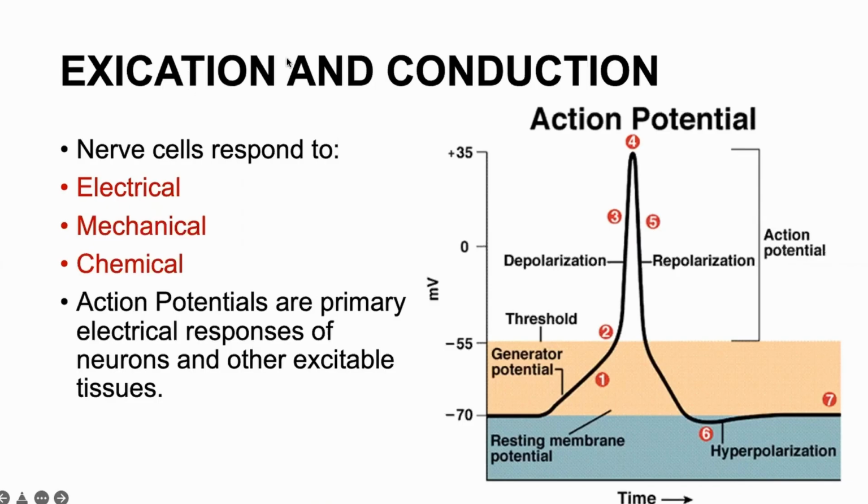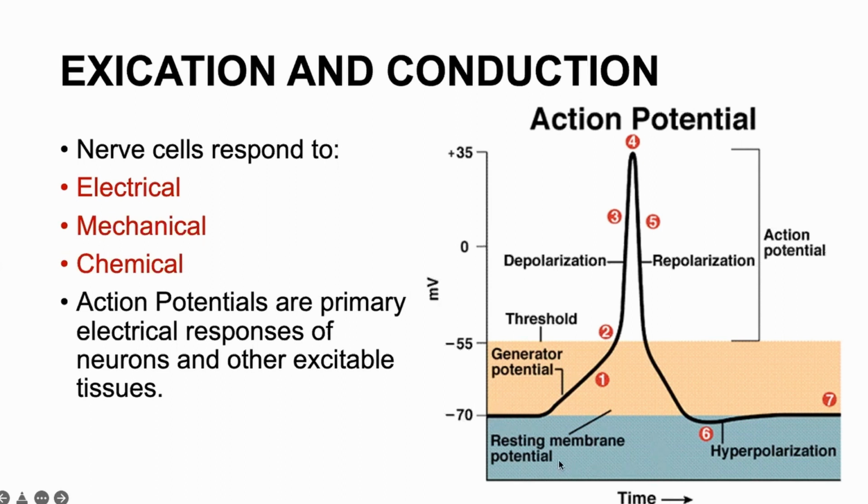In terms of excitation and conduction, the nerve cell responds to electrical, mechanical, and chemical signals. Electrical, we know that the inside of the cell is more negatively charged, which is why, if you look at this graph, you're seeing a resting membrane potential. Nerve cells tend to have a resting membrane potential around minus 70 millivolts.